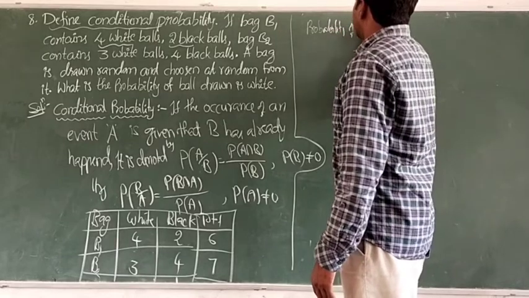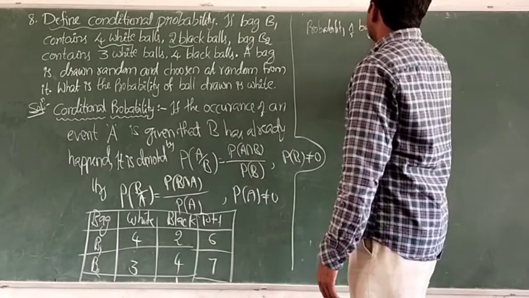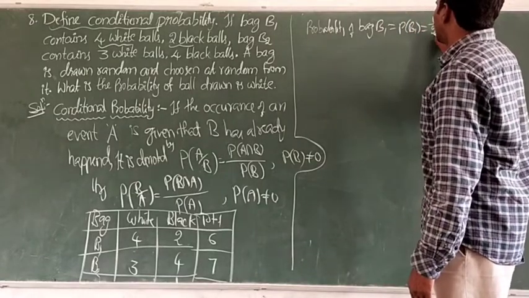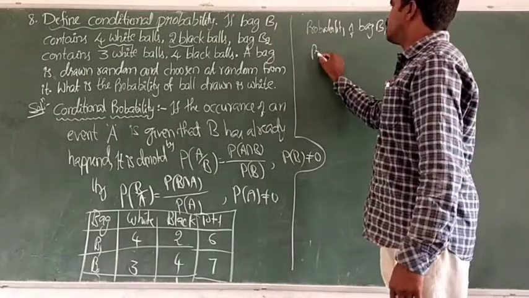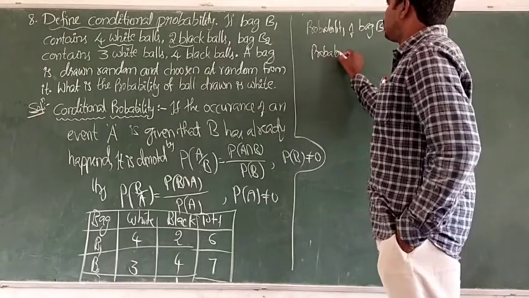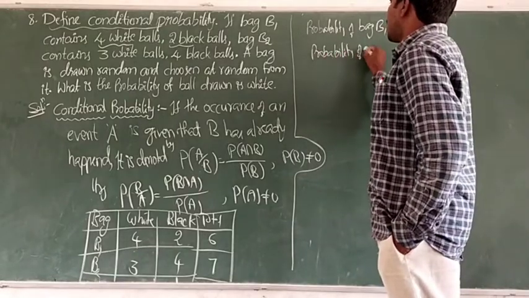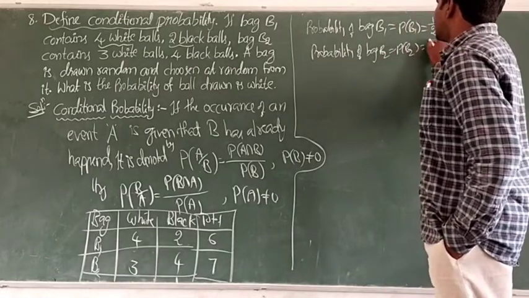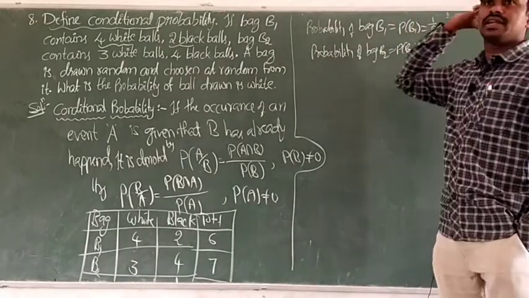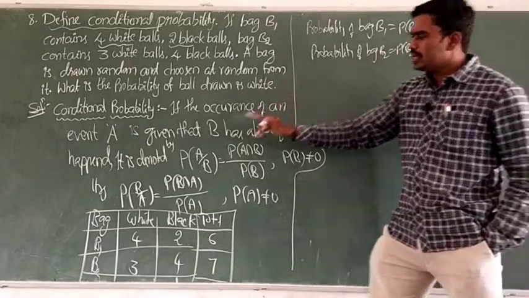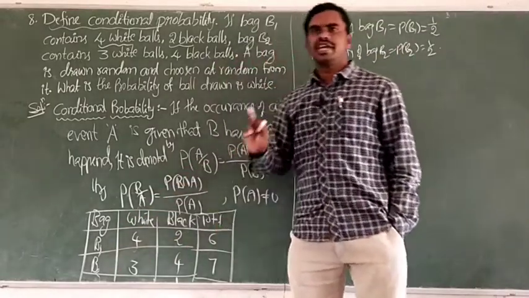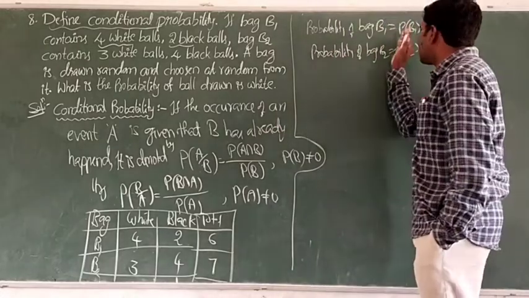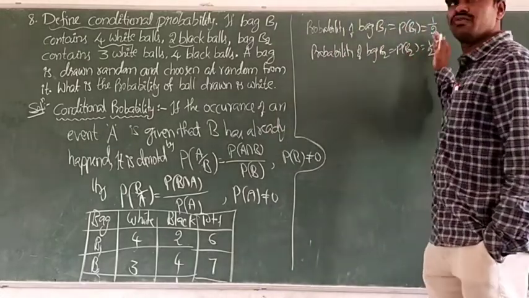P of B1 is equal to, simply, 1 by 2. Why? Similarly, the probability of bag B2, P of B2, is also 1 by 2. Why? Because there are only 2 bags, so for each bag the probability is 50%. For bag B1 it is 1 by 2, and for bag B2 also 1 by 2.